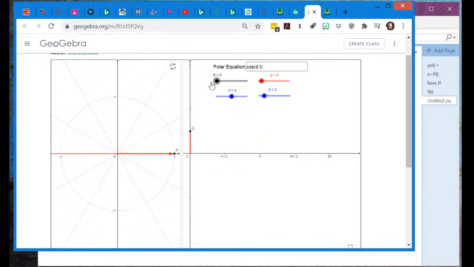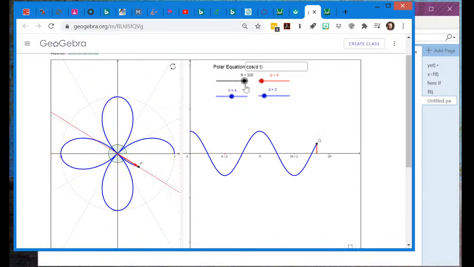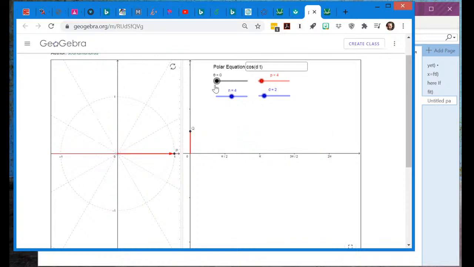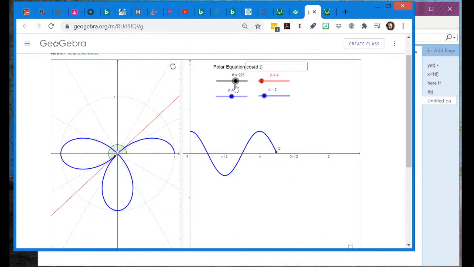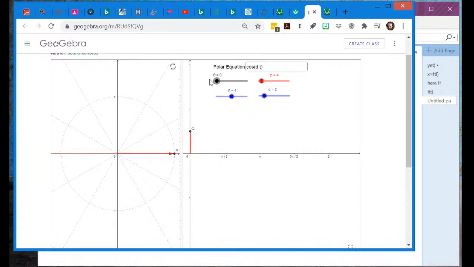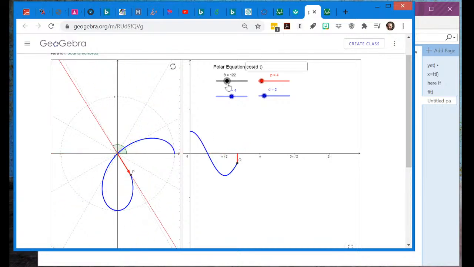Polar coordinates are always written in the form r equals some function of theta. So say, for now, what's a good theta? Let's say theta is 90. Like right here, it's 90.